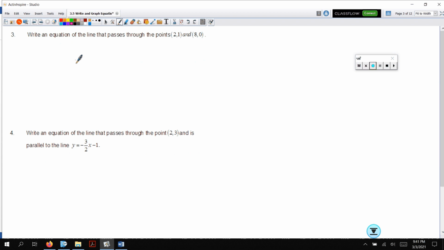All right, number 3. Oh my gosh, now I'm given 2 points. Remember, we just talked about slope, because what are the 2 things we need for the equation of a line? We need a slope, and we need a y-intercept. So for the slope, we're going to use the slope formula, because we have 2 points.